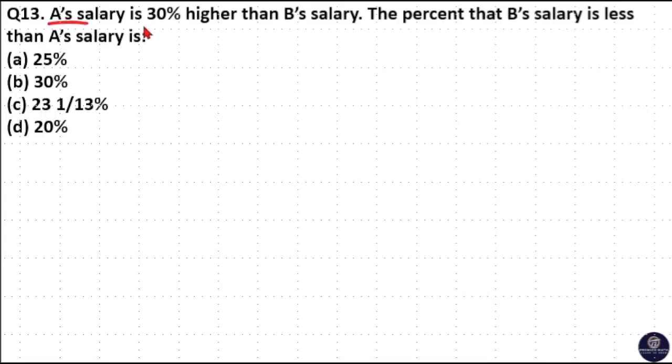A's salary is 30% higher than B's salary. The percentage that B's salary is less than A's salary is. Here, A has more salary than B. Let's consider salary of B as 100 rupees.